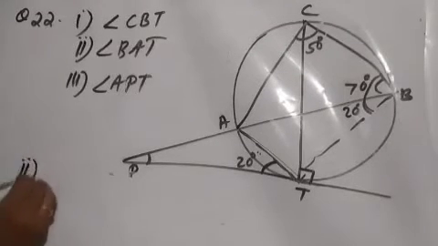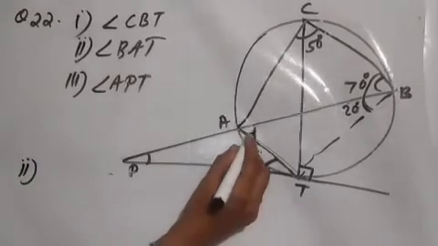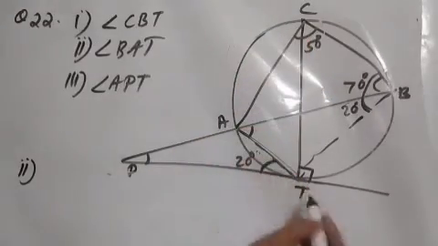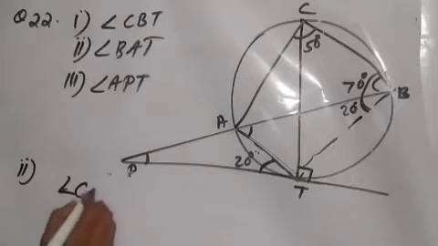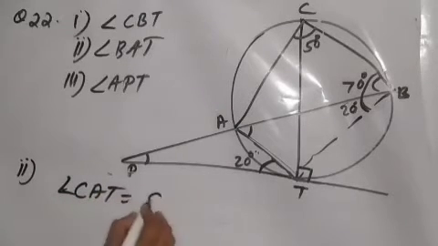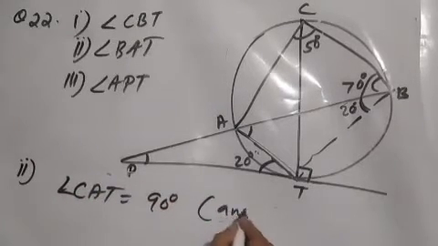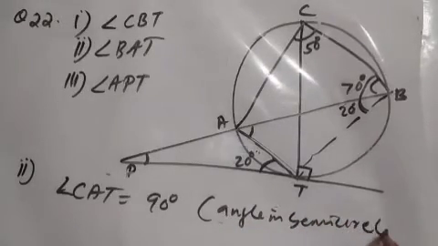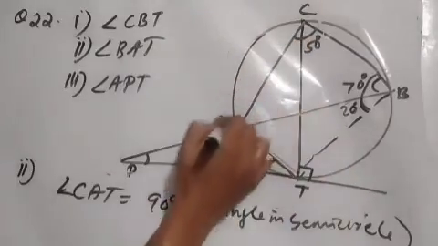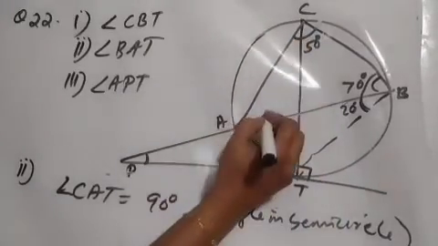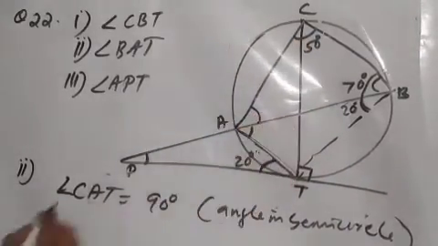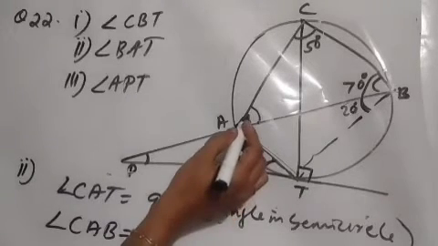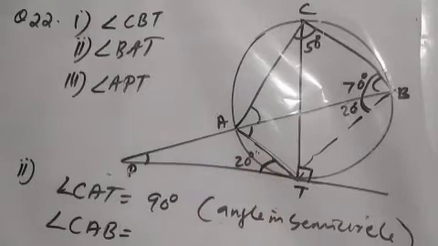To find the second one, angle BAT, this angle. Look at this total angle CAT. Angle CAT is angle in a semicircle. We know that CT is a diameter, so angle CAT is 90 degree. And if we know angle CAB, we can subtract that from 90 to get angle BAT.